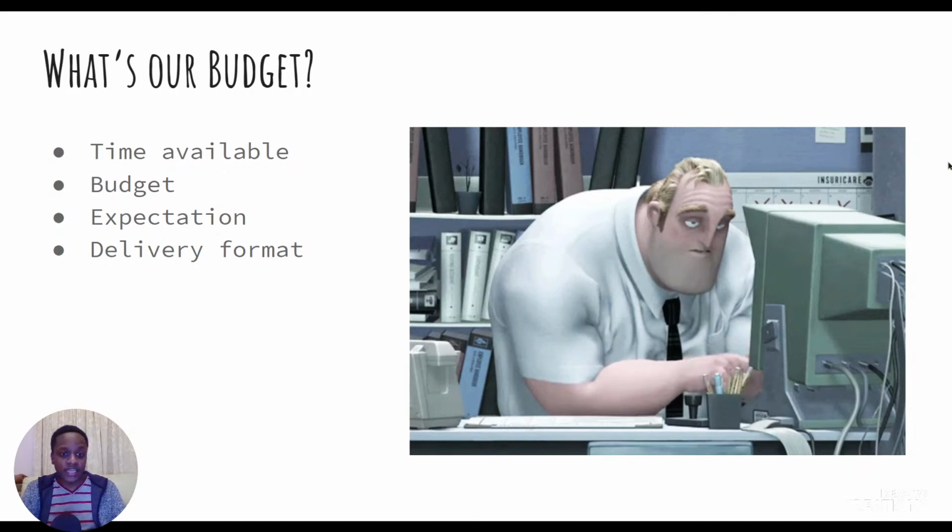Time available is basically, I need this thing tomorrow, I need this thing next month. We have 3 months to work on this thing. We have 2 years. That's what the time available is. And also time available between now and the next deadline. Because as much as we can say we have 2 years to work on this project, we might have to have a script ready by tomorrow, so that the director and such can get involved, or we need to have a first draft by a certain date. All sorts of things happen.